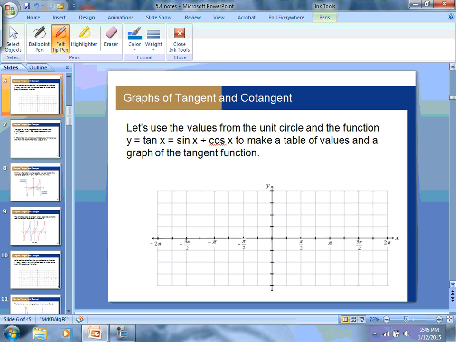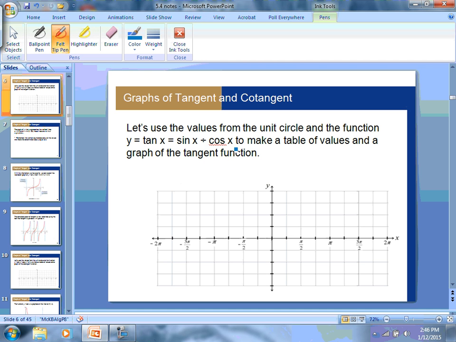Okay, so basically what I want to do first is just show you what the tangent function actually looks like if we kind of build it from scratch. So let's make a table of values for tangent. And we're going to say that tangent is equal to sine divided by cosine.